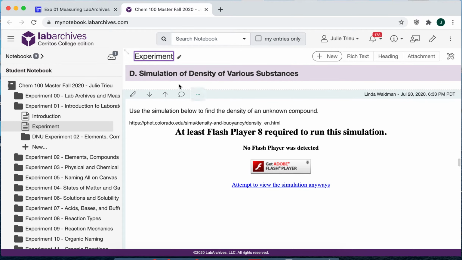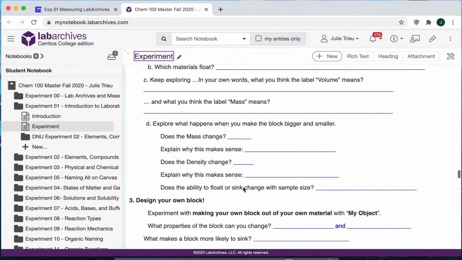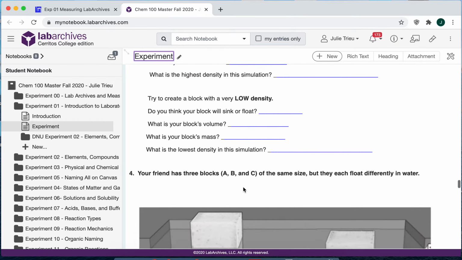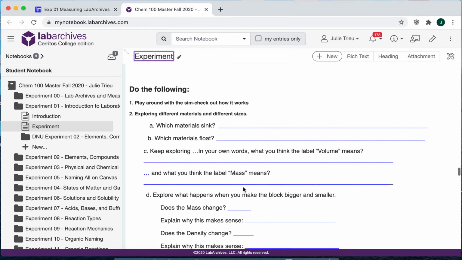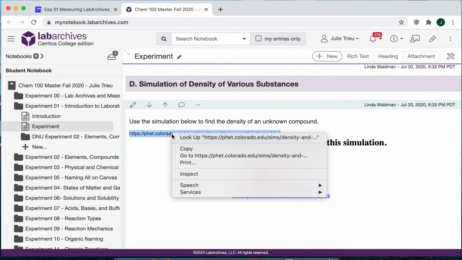And the simulation of density. You're gonna use this simulation to find out the density of different objects. So let's load this in a new window.